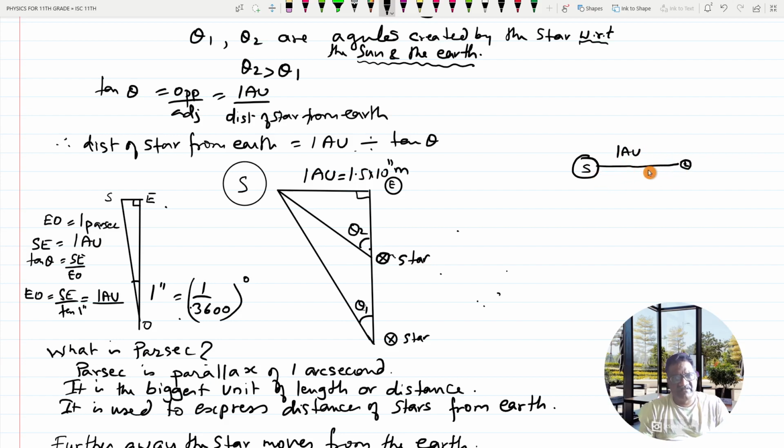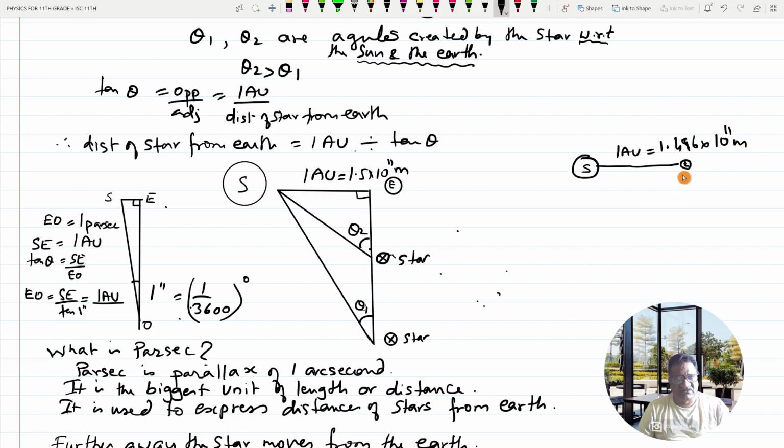By definition, one astronomical unit is the average distance between the sun and the earth. This is roughly 1.5, or rather, exactly 1.496 into 10 raised to 11 meters. So this is the average distance.